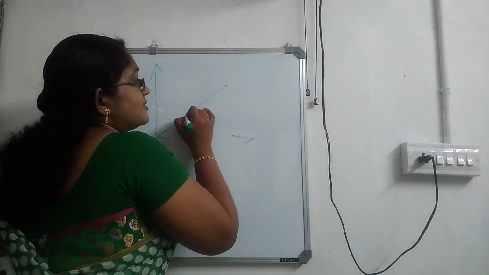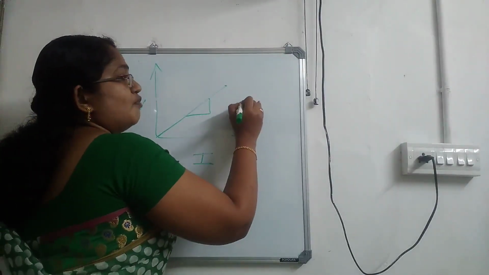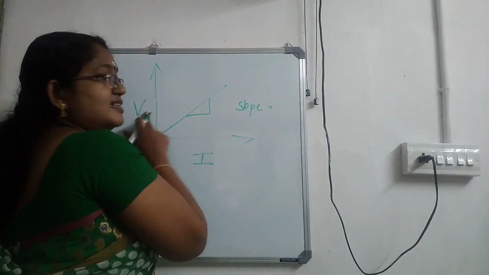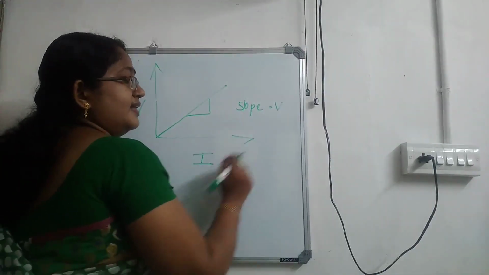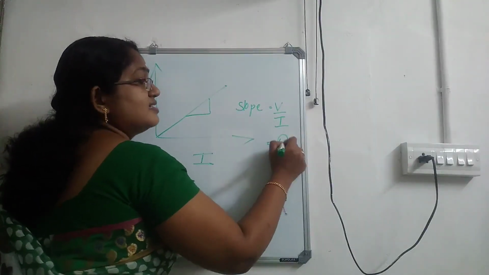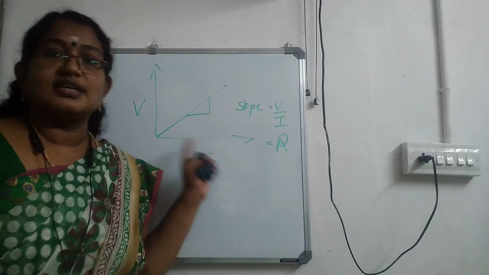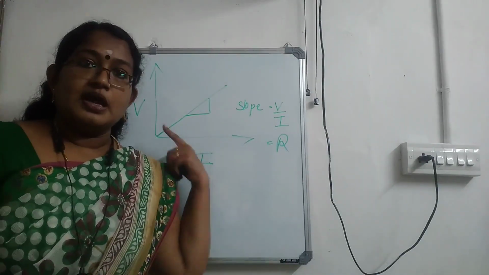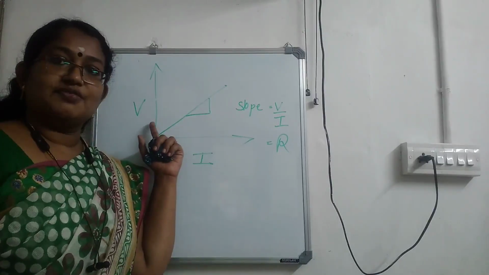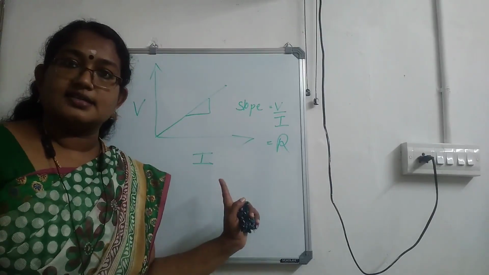And when you take the slope in this case, what will be the value? What is there in the y-axis? It is V. In the x-axis, it is I. What is V by I? It is resistance. So you should study this graph also. VI graph. Okay. VI graph means V along the y-axis and I along the x-axis.